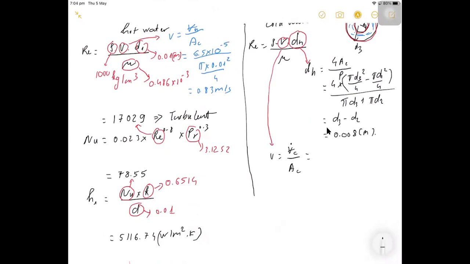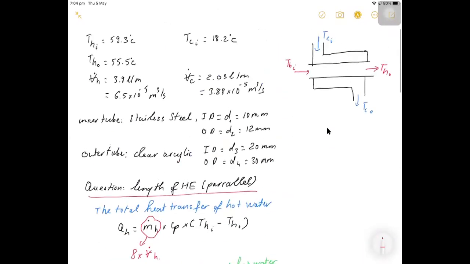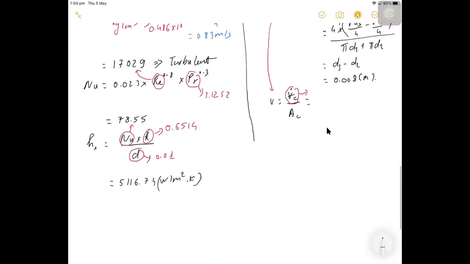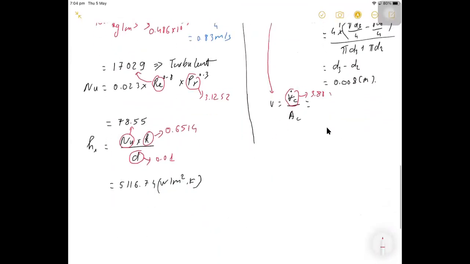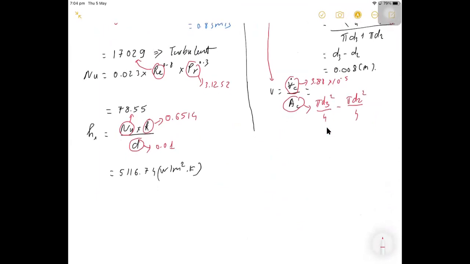The volumetric flow rate is given as 3.88 times 10 to the minus 5, and the cross-section area is pi D3 square over 4 minus pi D2 square over 4. Okay, so you will have velocity here is 0.168 meters per second.